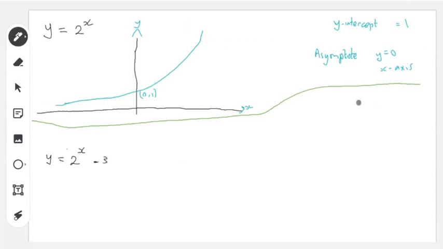So in this case, I'll just tell you, there's going to be a y-intercept, there's going to be an x-intercept, and there's, of course, going to be a different asymptote. So I'll let you try to figure out what those might be. So it moved down by 3, right? And that is correct.